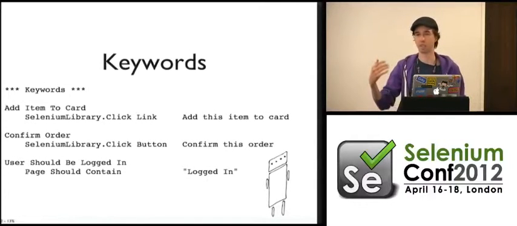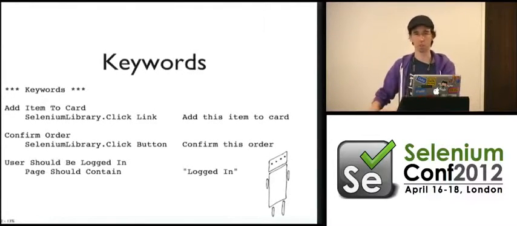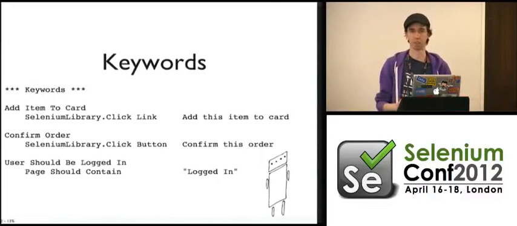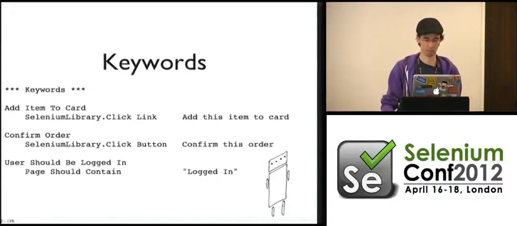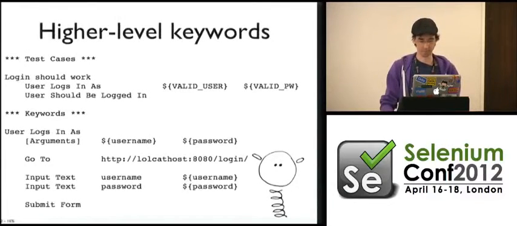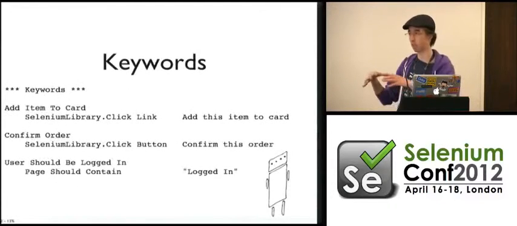I just tell the test is about adding an item to a cart and confirming that the user is logged in, and how that works underneath I don't want to specify in the test because that's not relevant to the test.